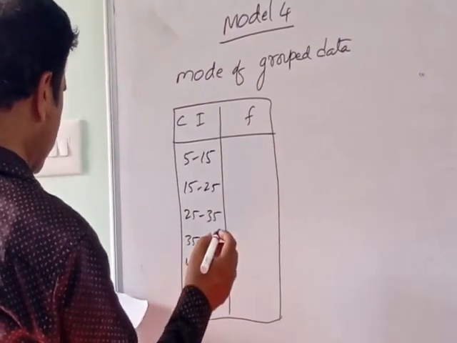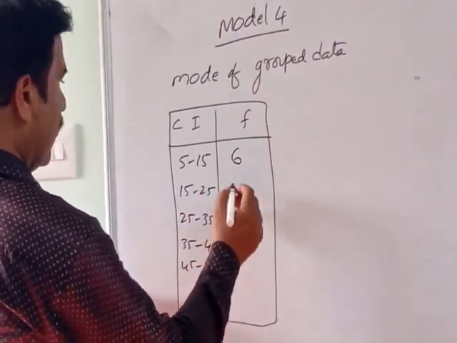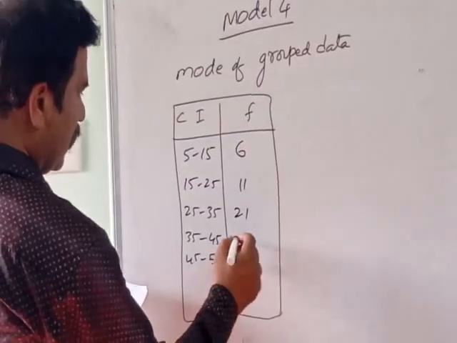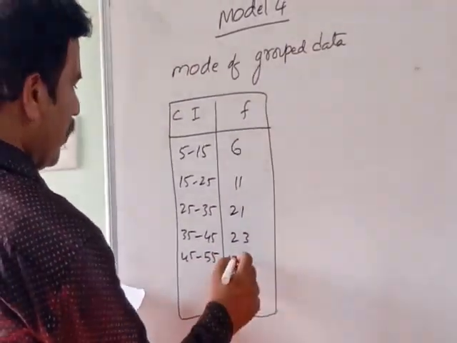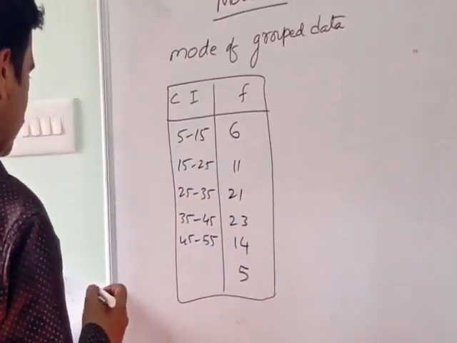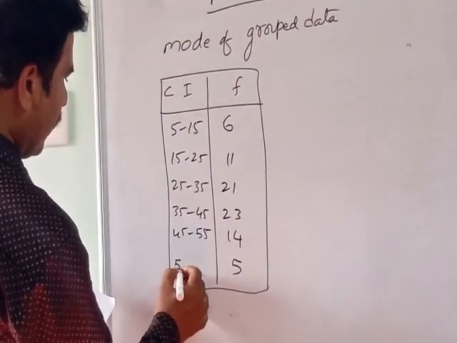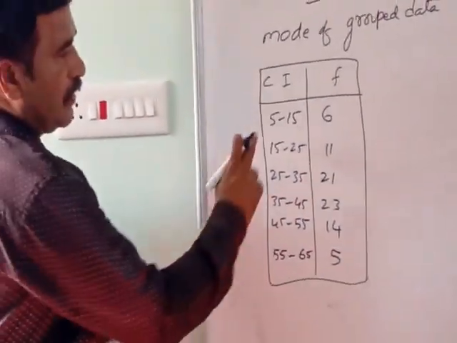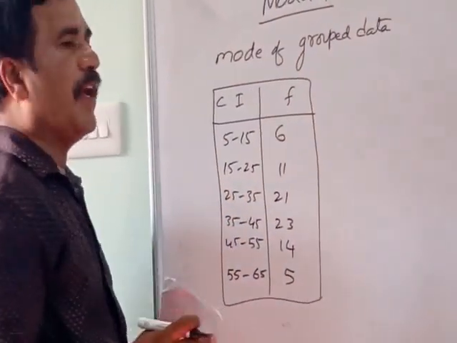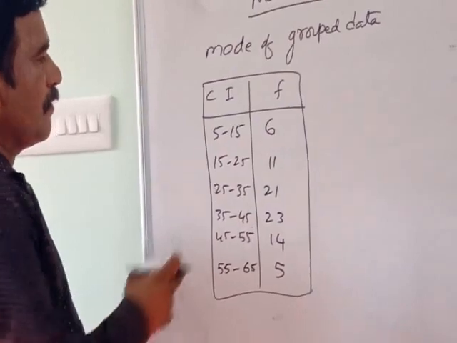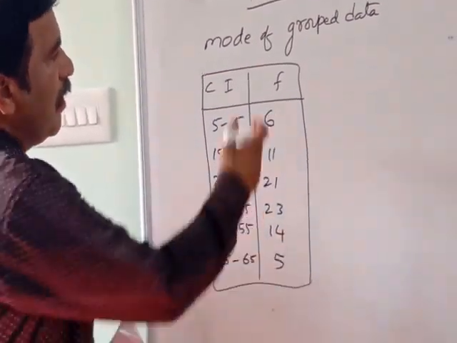Frequency values 6, 11, 21, 23, 14 and 5. Another class is also there, 55 to 65. Okay, see, class 5 to 15 means the class size is 10.